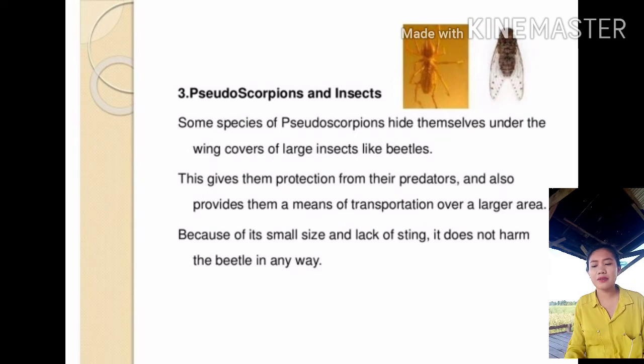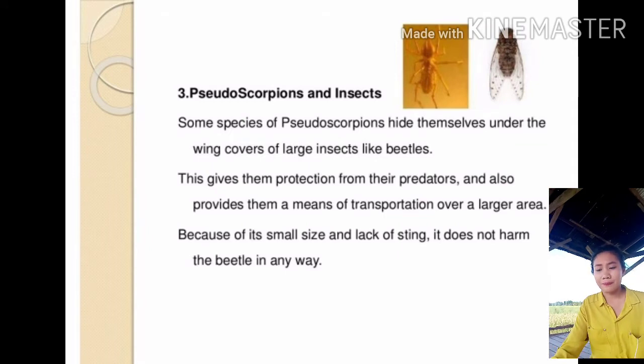This gives them protection from their predators and also provides them a means of transportation over a larger area. So as the beetle moves from plant to plant, the pseudoscorpions are also transported to other places. Because of its small size and lack of sting, it does not harm the beetle in any way.